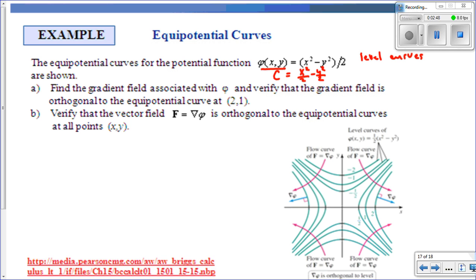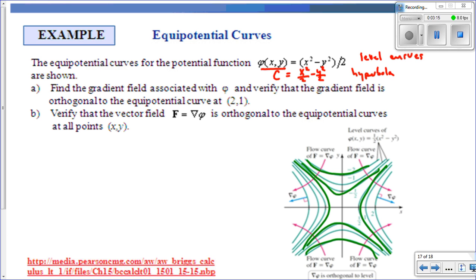And if you recognize that as a hyperbola, you can see that the level curves for this potential function are hyperbolas. So you can see in the drawing down here that we've got various level curves. So here's one hyperbola and here's another one. Okay, or if we have the other ones going in this direction. So the potential function phi has level curves that are these hyperbolas in the graph.